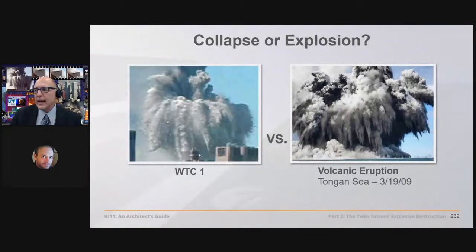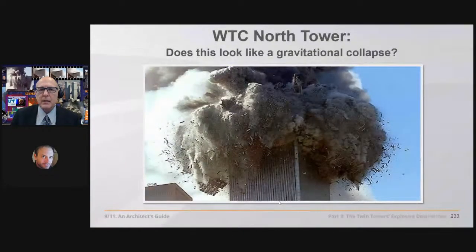It looks more like the eruption of the volcano under the Tongan Sea in March of 2009, with incredible upward, outward arching streamers, freely flying solid objects, and a geometry of fireworks. It doesn't look like a gravitational collapse to me.